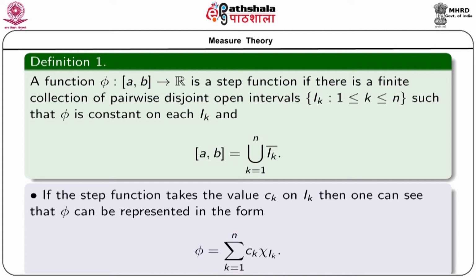Of course, here we ignore the value of phi at a finite number of points, and actually this does not harm anything, because the value of phi at a finite number of points does not affect the value of the integral of phi or the integrability of phi.